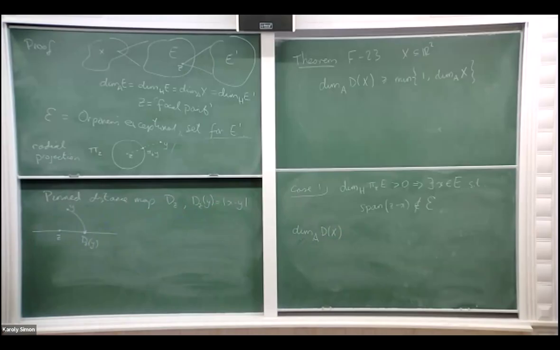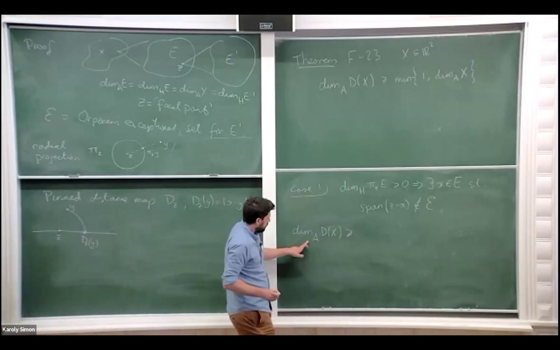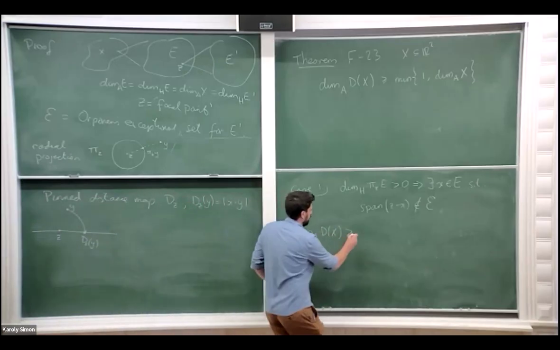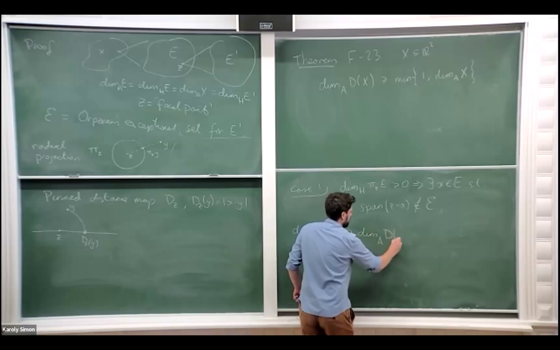Well, I said that it's extremely easy because you just take a projection of a tangent as a tangent of a projection. Well, the distance set is not so different from a projection, and you can do a little bit of work along the same lines to establish that the Assouad dimension of the distance set of X must be bounded below by the Assouad dimension of the distance set of E.